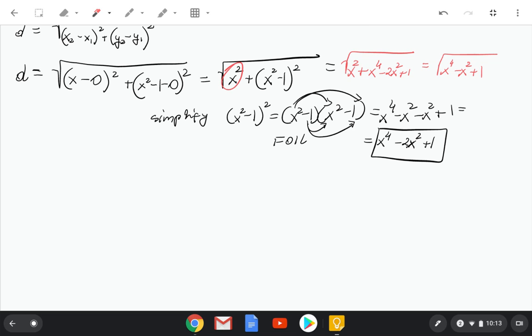Okay, so d is expressed as a function of x. Let's just put it, d is the distance expressed as a function of x.